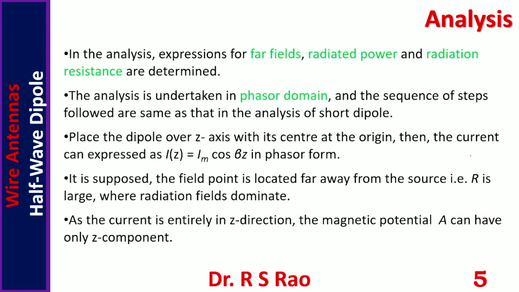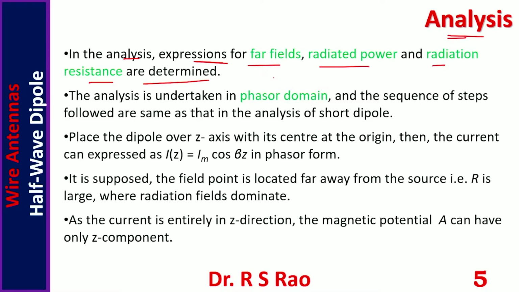After having some idea regarding structural features and current distribution over half-wave dipole, now we undertake the analysis of half-wave dipole. In the analysis, expressions for far fields, radiated power, and radiation resistance are determined.